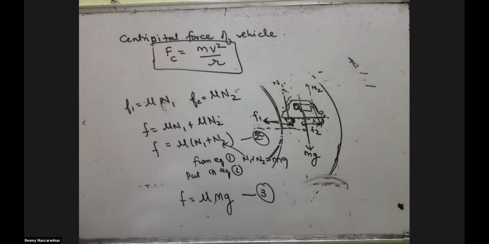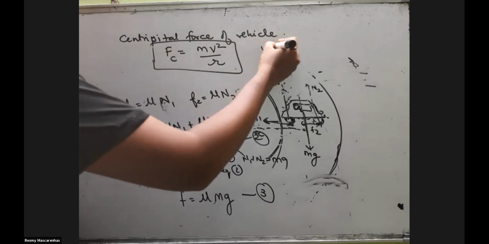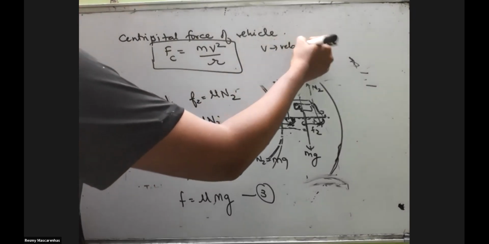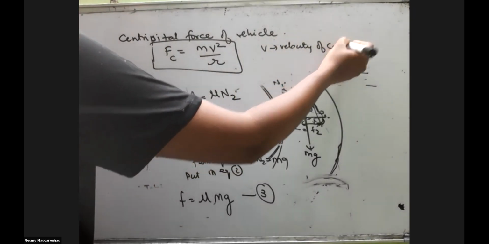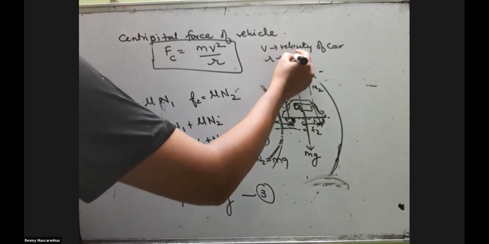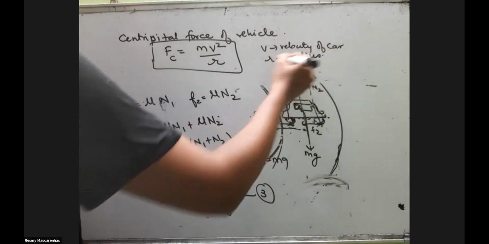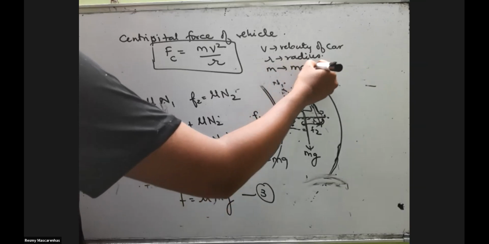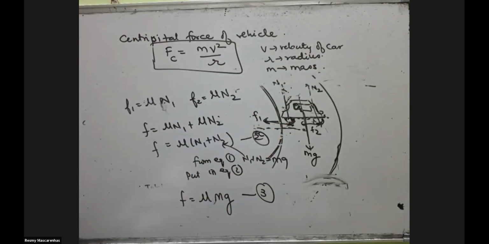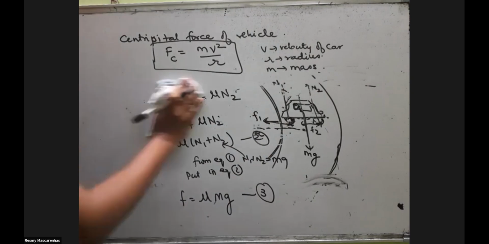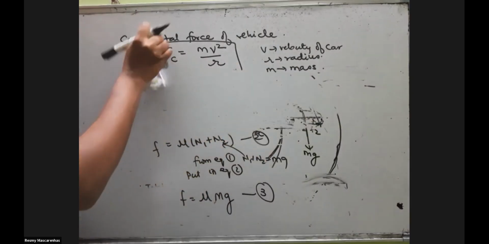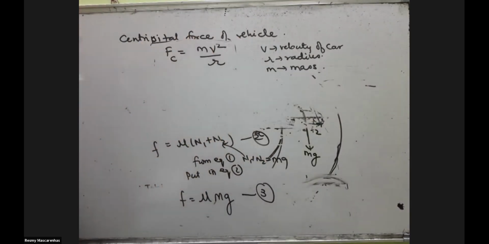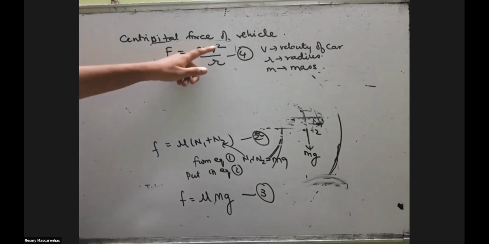Where v is the velocity of the car or the vehicle, r is the radius, and m is the mass. Don't put it in a box, okay, and just put this as equation 4. Now what do I want to calculate? I want to calculate v.